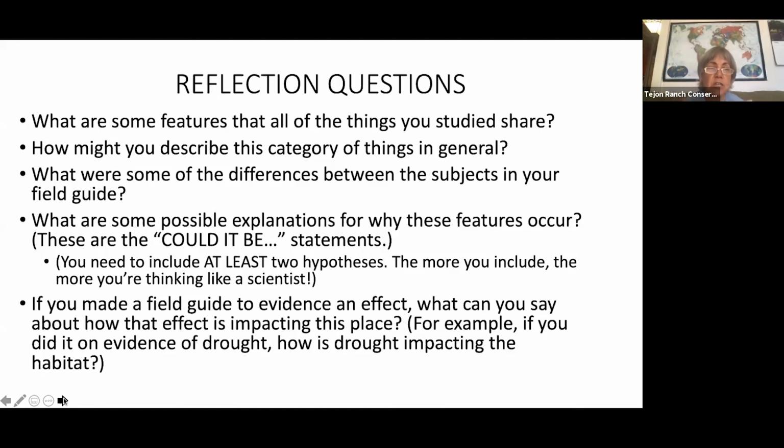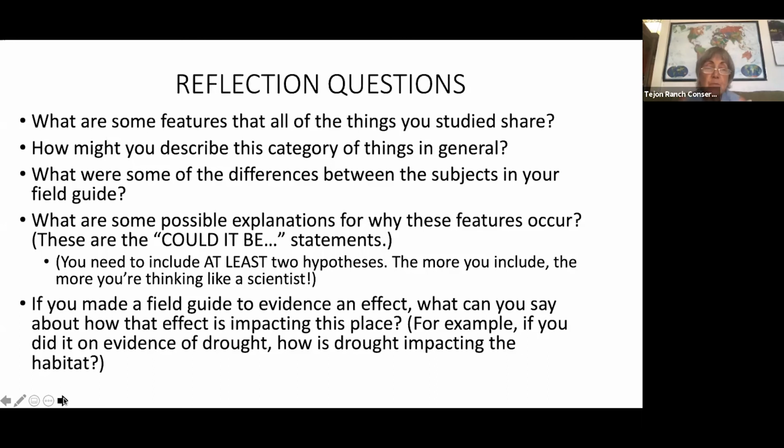The next question, what are some possible explanations for why these features occur? Here are your could it be statements. And you need to answer at least 2 hypotheses, 2 could it be's for each of your I wonders. The more that you include, the more you're thinking like a scientist.